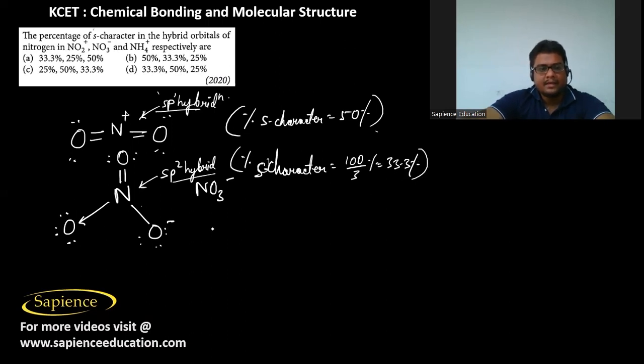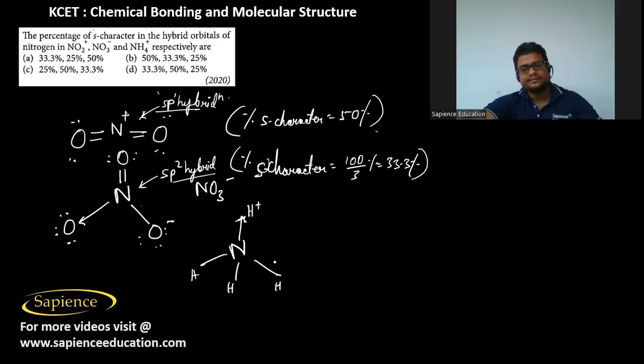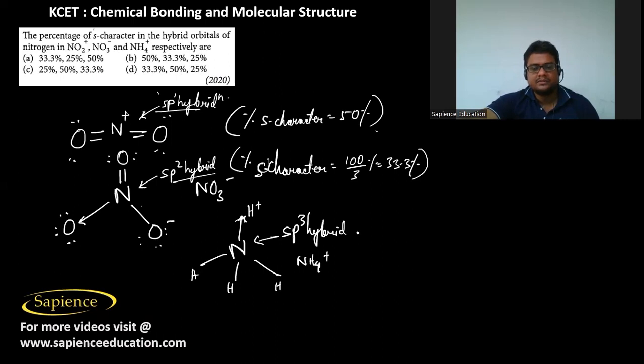or I can say 33.3%. And in case of NH4 plus, here we have 4 hydrogen atoms. So it means here nitrogen is covalently bonded with 4 hydrogen atoms. So in NH4 plus, the nitrogen atom is sp3 hybridized.